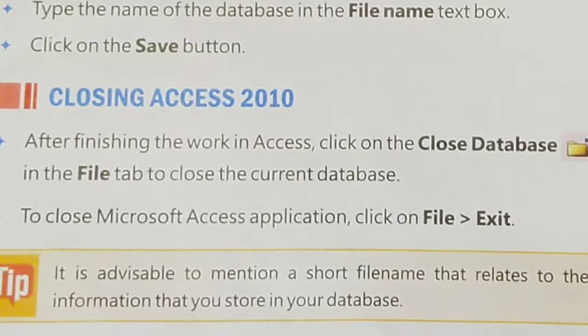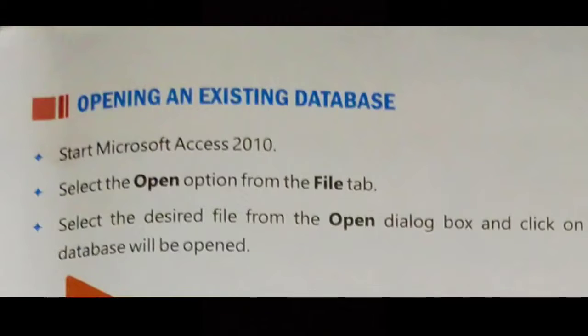So the next one is opening an existing database, means to open a database which is already created. So first of all, start Microsoft Access 2010. Okay, and select the open option from the file tab, means if you click on the file tab you'll get a drop down, and in the drop down you will get the option of open.